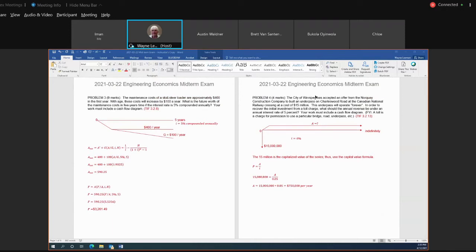What I can do, if you send me an email and ask me what you got per question, because I tabulate this in a spreadsheet and I actually do it twice as a check to make sure I entered things correctly, I can cut out the line that belongs to you and drop that line into the return email. To cut down on the effort, if you email me and simply say, please forward your grades per question, I can cut that line out of my spreadsheet quite easily, drop it into an email, and return it to you.